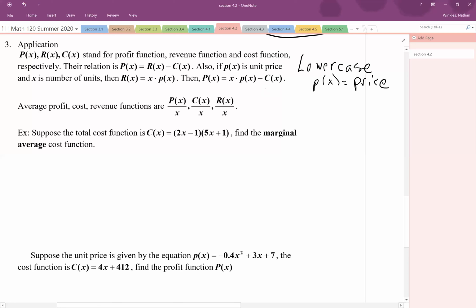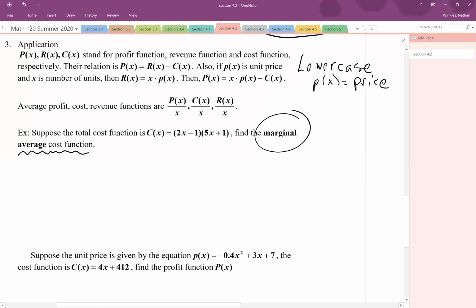Suppose the total cost function is C of x equals 2x minus 1 times 5x plus 1. We're told find the marginal average cost function. So we got to kind of think about this inside out. We first need to form the average cost function, then come over here to marginal.